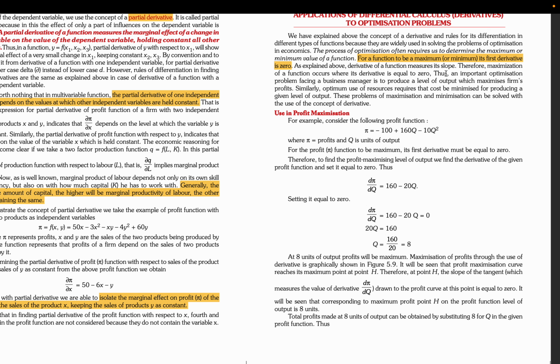Thus, an important optimization problem facing a business manager is to produce a level of output which maximizes the firm's profits. Similarly, optimum use of resources requires that cost be minimized for producing a given level of output. These problems of maximization and minimization can be solved with the use of the concept of derivative.